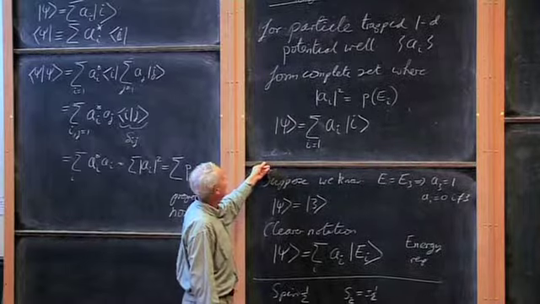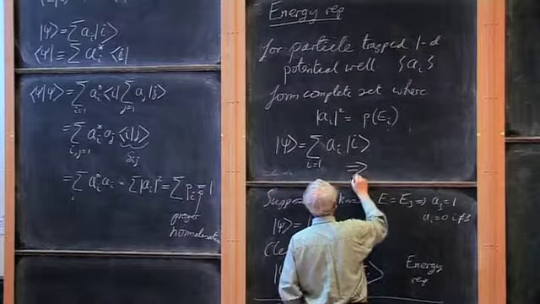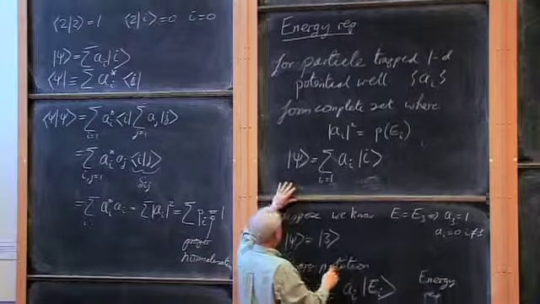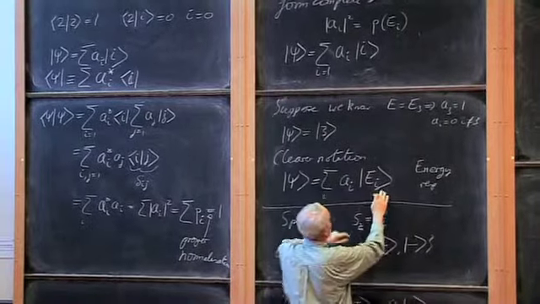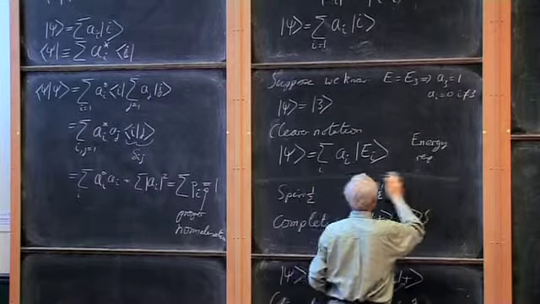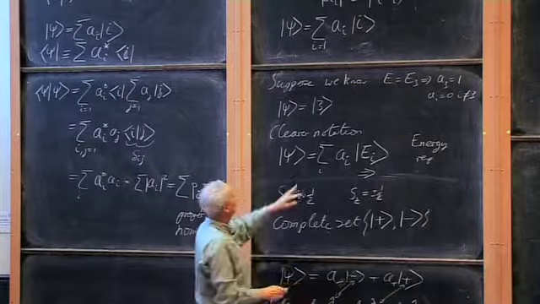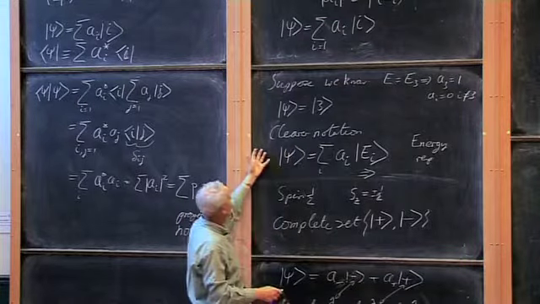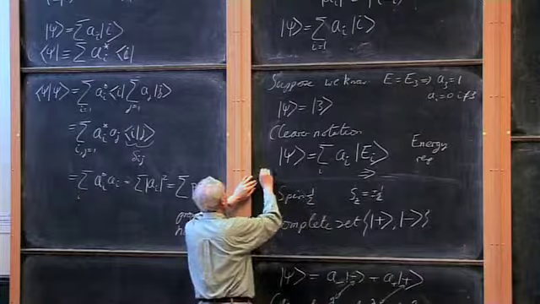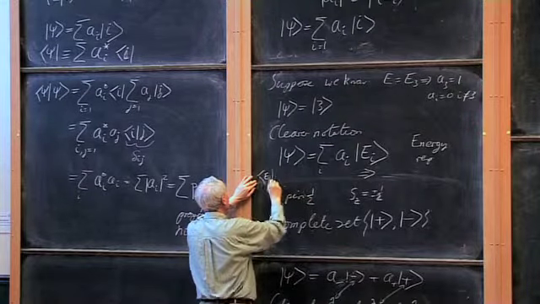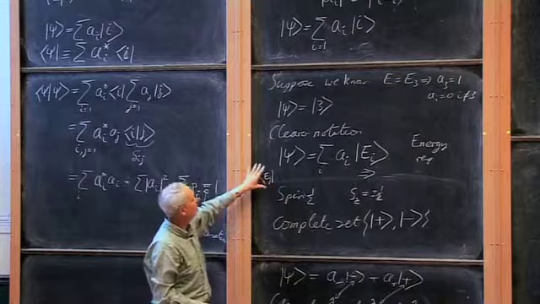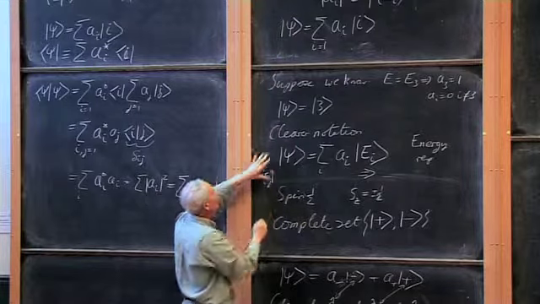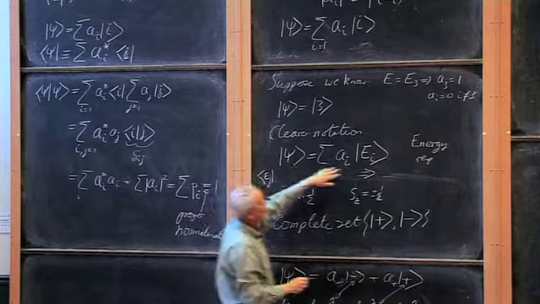Let us point out at this point a very simple fact: if I multiply this equation through by the bra Ej, so I do Ej times this equation, what that means is that I'm going to evaluate the function Ej on both sides of the equation.